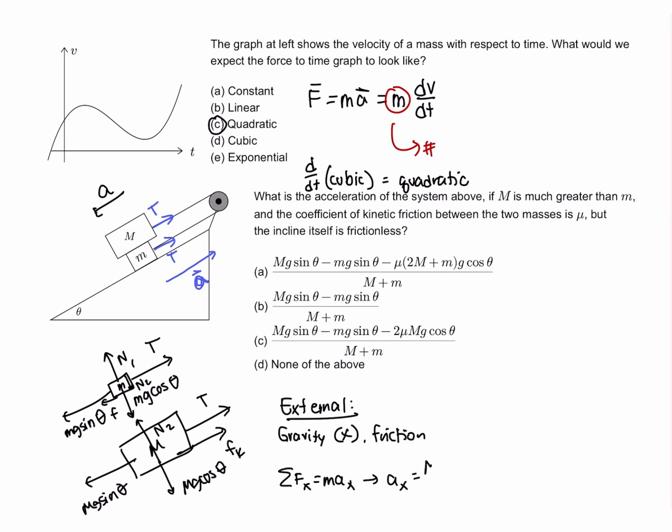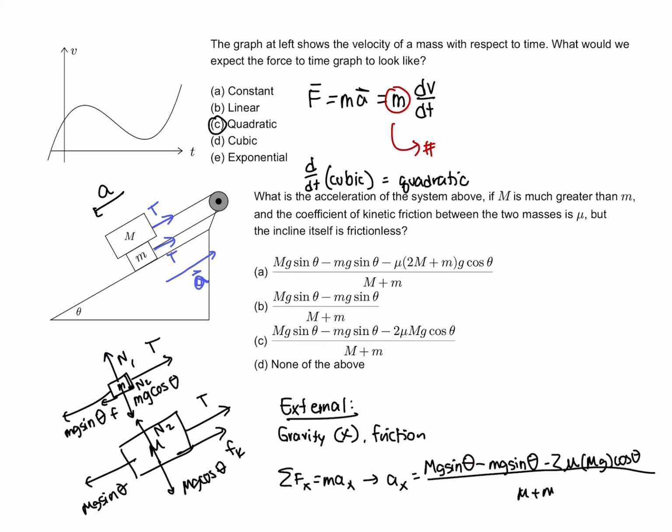So we have Mg sine theta minus mg sine theta minus 2 mu mg cosine theta, divided by m plus M. Note that it's 2 because that frictional force is acting on both of the masses because you have that action-reaction, right? Newton's third law. That's important to note in there.